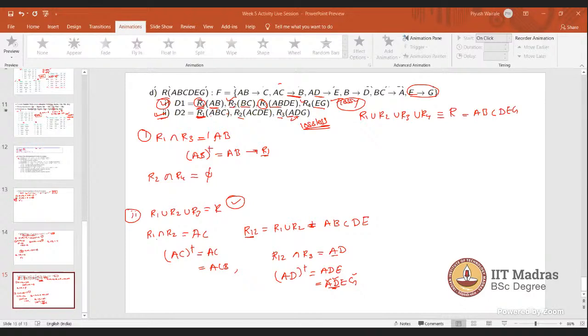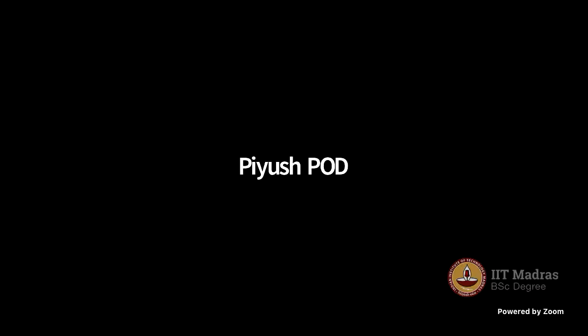Arup sir also suggested solving 2 questions. I think I will just solve that and then we can move to Mentimeter. Okay, I will stop sharing. So these questions are basically from the activity questions only. It is on similar lines, the same kind of questions as the ones that sirs just taught all of you.